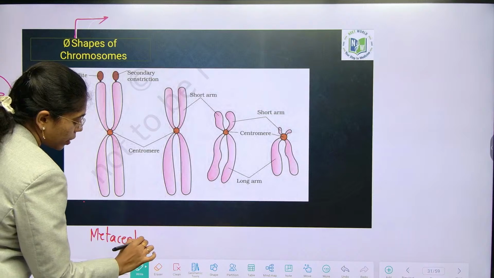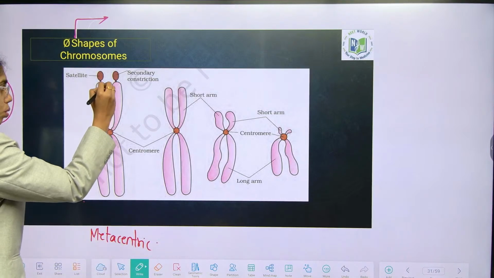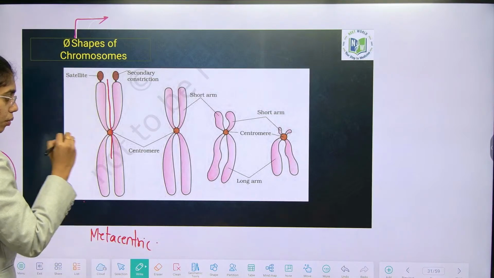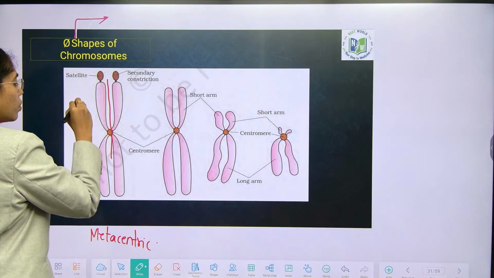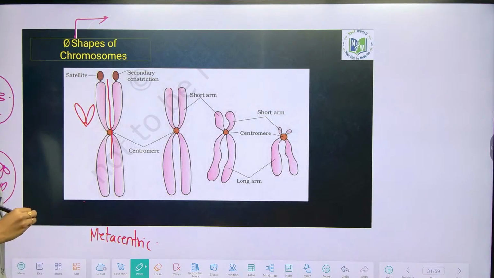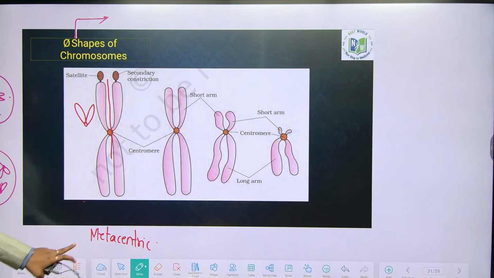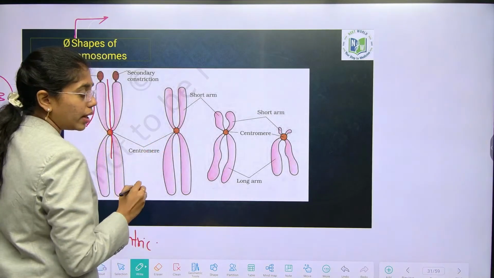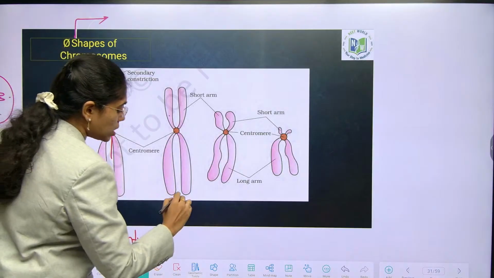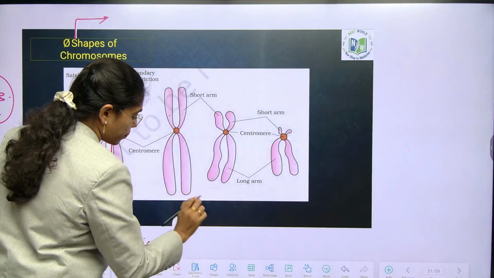When a metacentric chromosome undergoes centromere splitting, in what shape will the chromatids move? In V shape, because they have two equal arms. This is the metacentric chromosome.